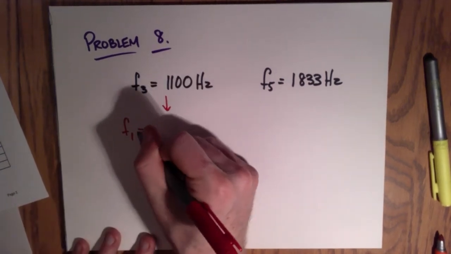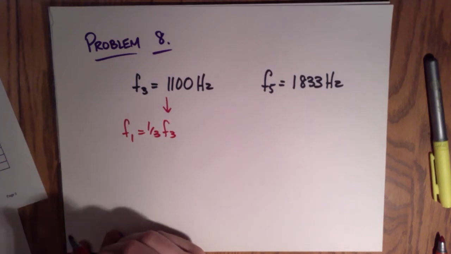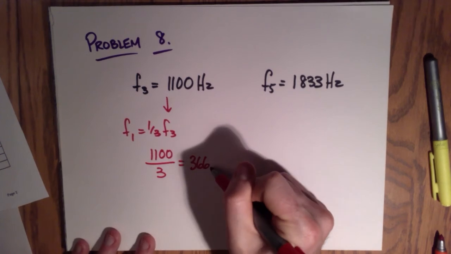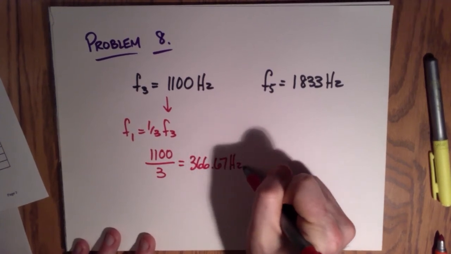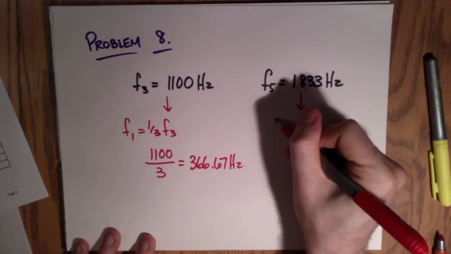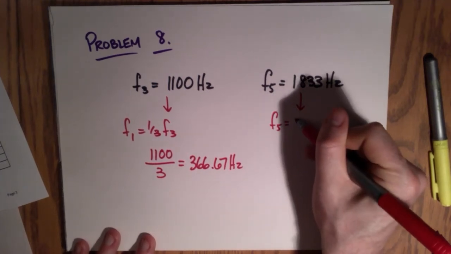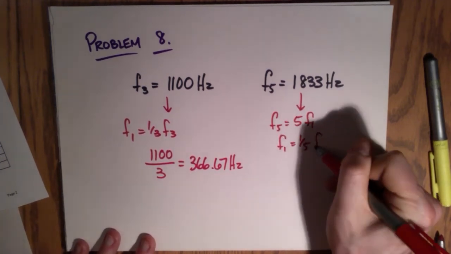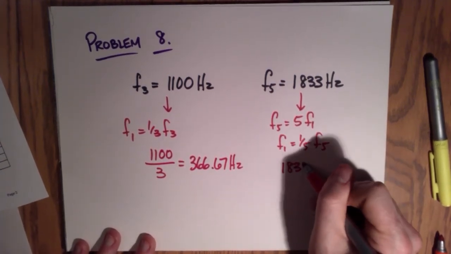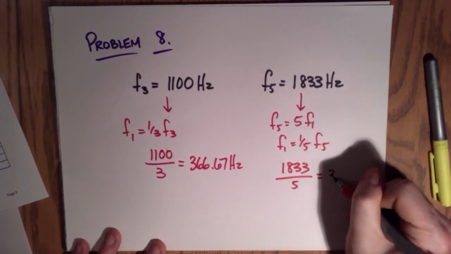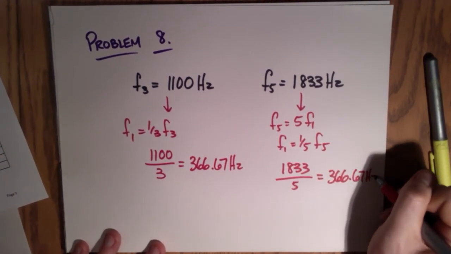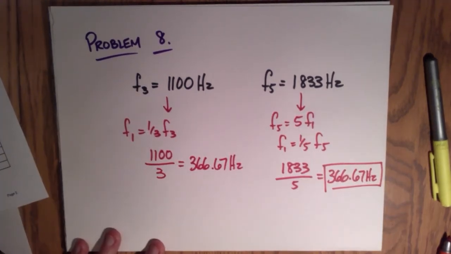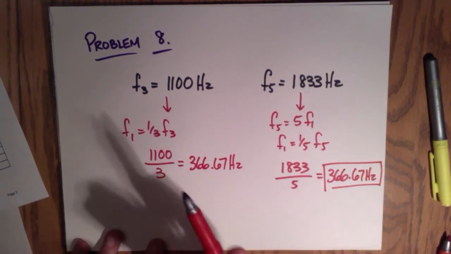We know that F1 is going to be 1/3 of F3, so we can just take 1,100 and divide it by 3, and if we do that, we get 366.67 hertz. Well, we also can take the fifth, which we know is going to be 5 times larger than F1. Another way of saying that is F1 is going to be 1/5 of F5. So we can take our 1833 divided by 5, and what do you know? We get 366.67 hertz. You can do it either way. It's just showing you again that each of these harmonic series, each next step is just a multiple of the fundamental frequency.